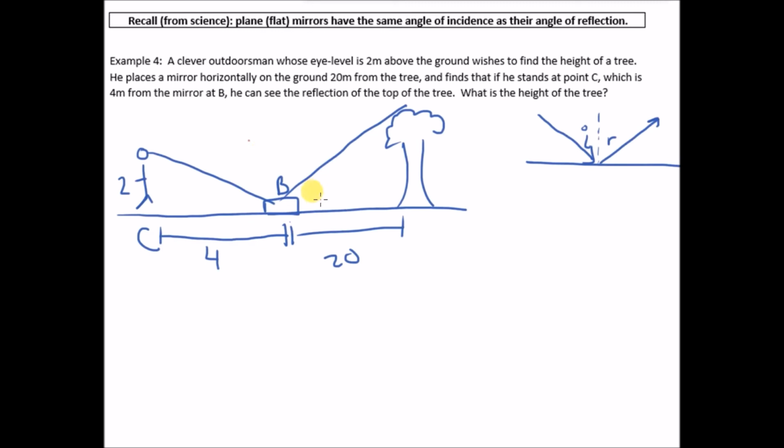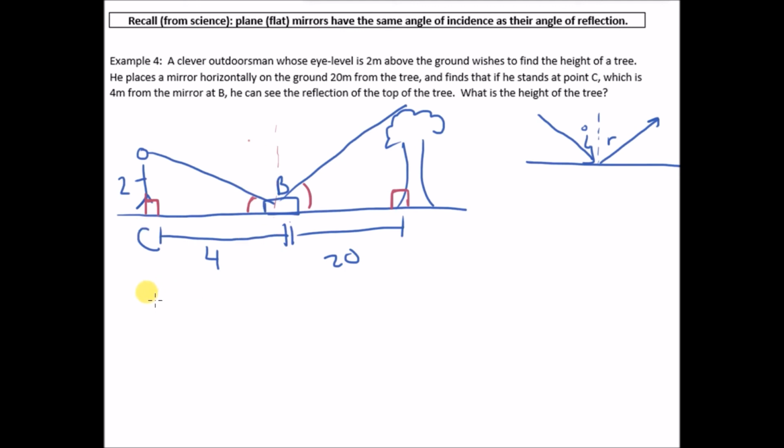Just keep in mind that these two triangles are going to be similar, because in the corner we have a 90-degree angle, so we're dealing with right angle triangles, and B and B are going to be the same because the angle of incidence and the angle of reflection are equal.